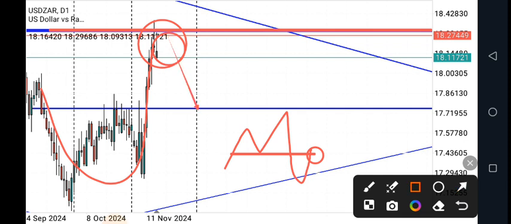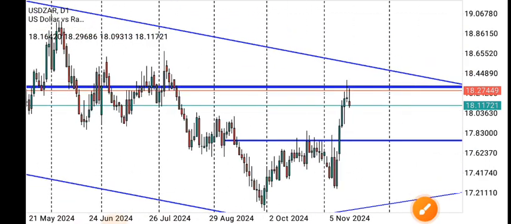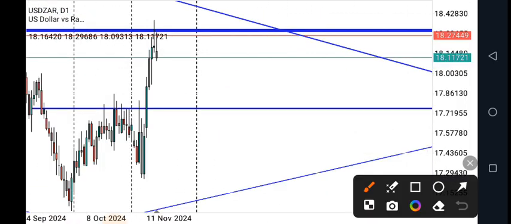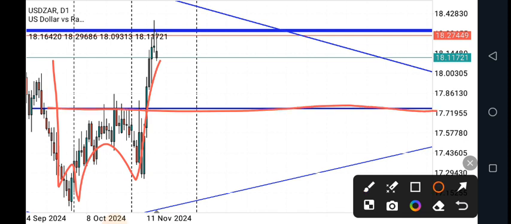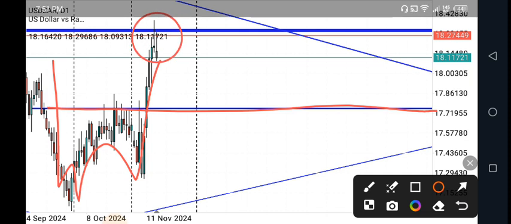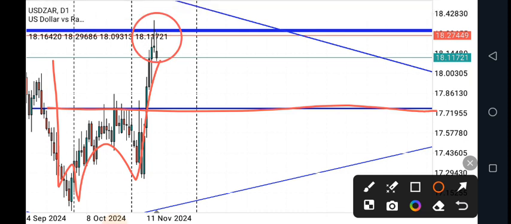And why do I say this level? That is because, remember, if I can just draw it properly, we have an inverted head and shoulders pattern there, and it has a neckline there, right? And so far we can see that we have confirmation over here to actually sell, and actually a lot of traders and investors have sold at that point.